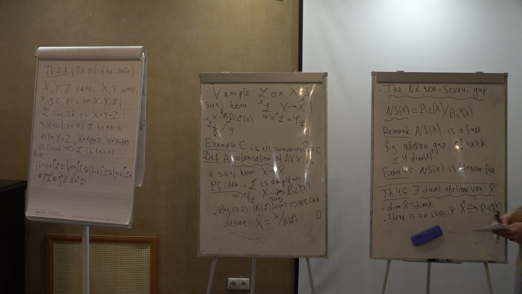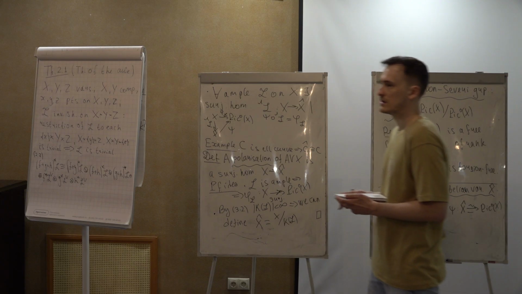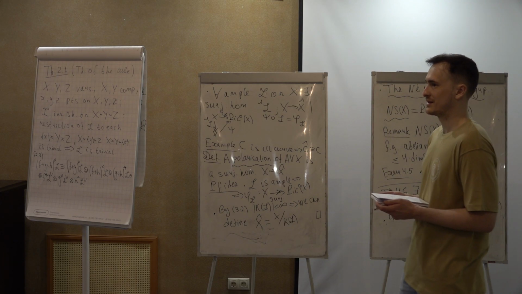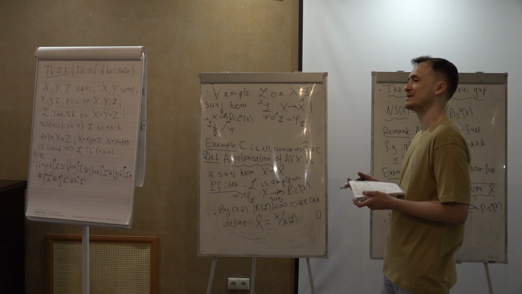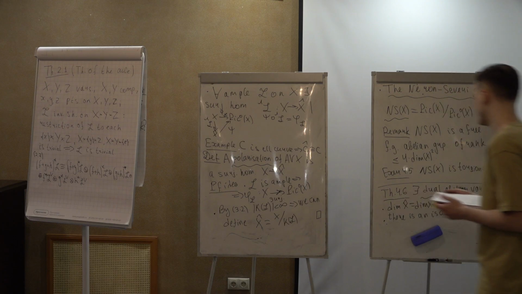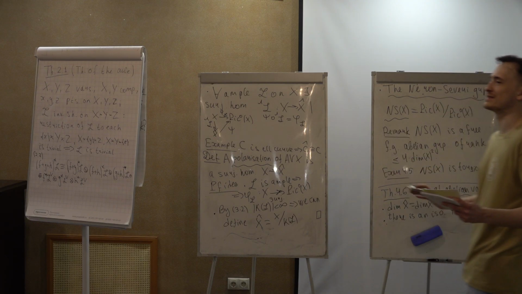So, a clarification: is the dual unique? What do you mean unique? For X, there is only one dual. But we haven't defined a dual variety, because it's a theorem that it exists. It has these properties, but we haven't defined it.